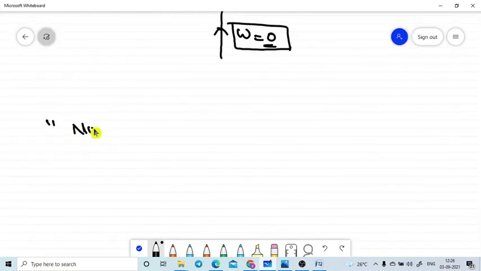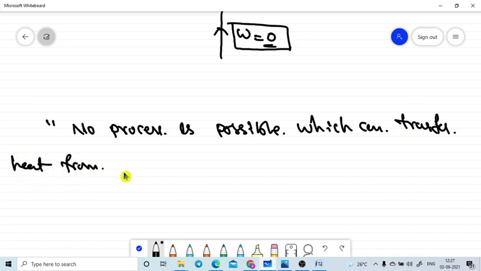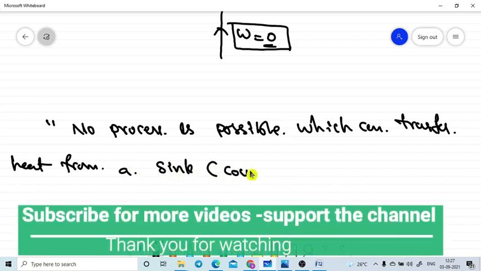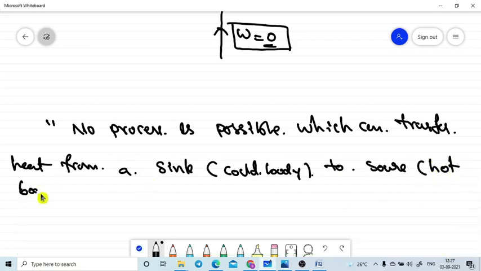Indirectly it is saying that no process is possible which can transfer heat from a sink, which is the cold body, to a source, which is the hot body, without doing any external work.